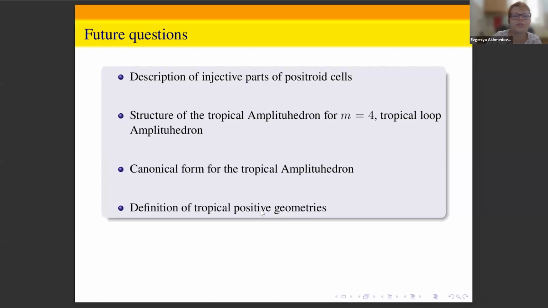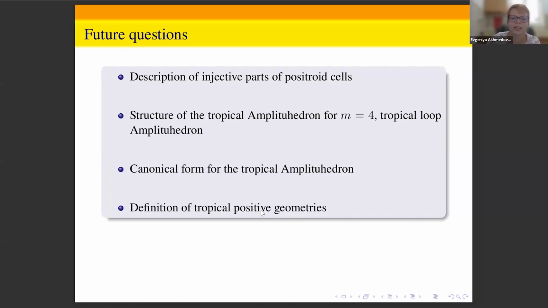And here is what we plan to do in the future. Describe this injective part of positroid cells in the general case, because the relations I've given are just examples in the most simple case. We don't have the description in any generality now.